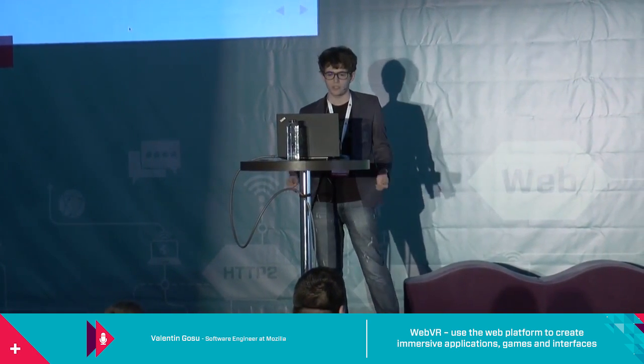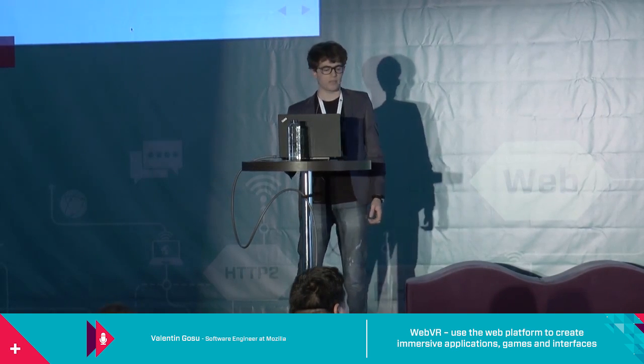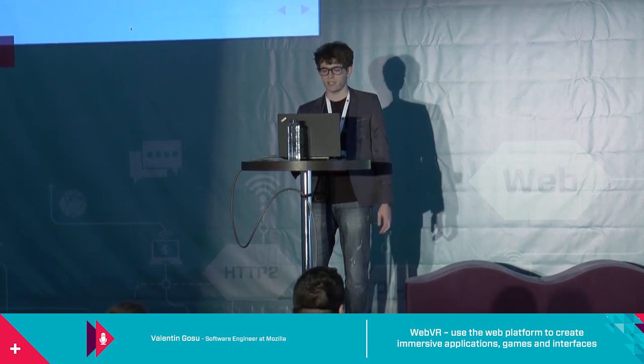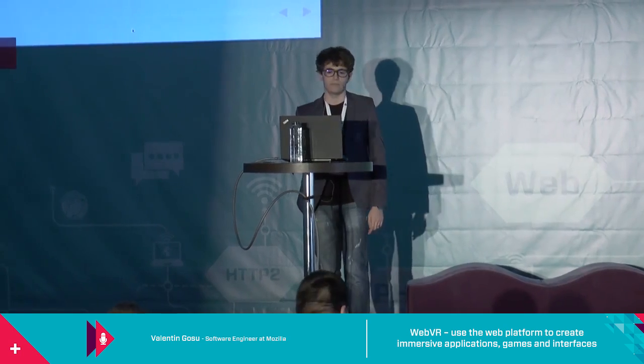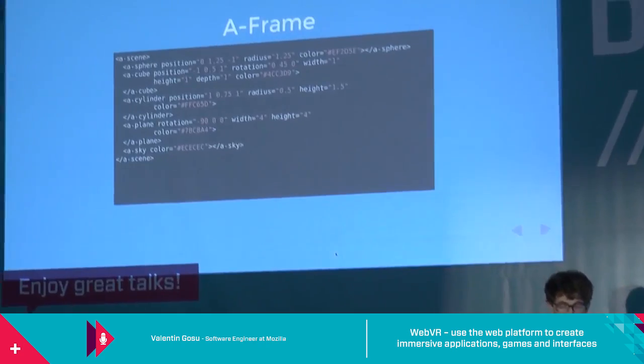So I want a cube, I want a sphere, I want a cylinder, and it looks something like this. This is a very easy scene, and all I needed to add was like four lines of HTML markup, so no JavaScript, right? Okay.